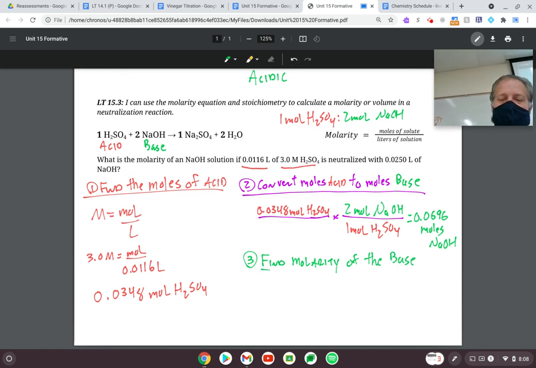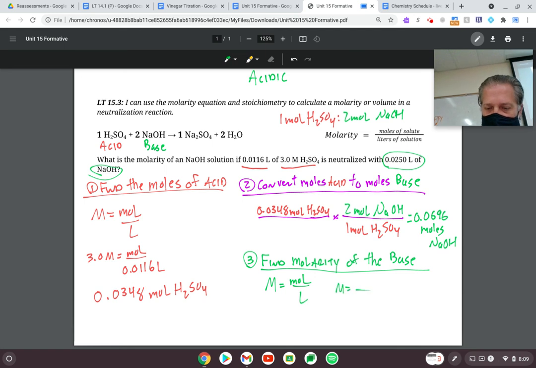And I'm going to do that by using the molarity formula, which is moles over liters, right? And what we know about the base itself is that you had 0.0250 liters of sodium hydroxide, and you just calculated the moles to be 0.0696 moles.